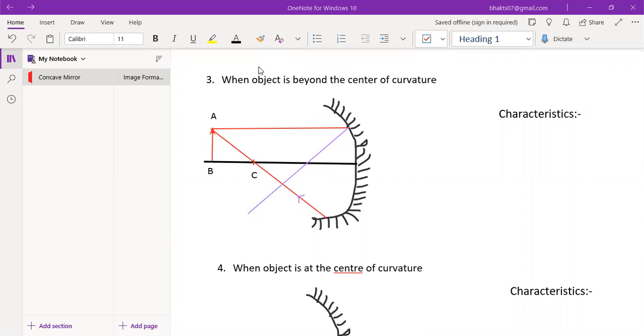Now here the image formed is the line part which I have drawn over here. So this is the image which is formed.